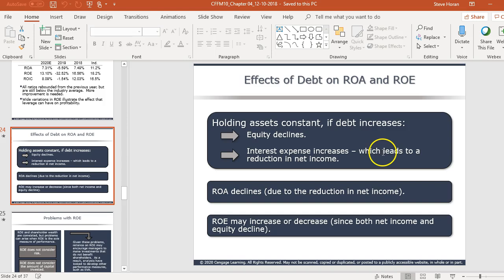Interest expense increases, which leads to a reduction in net income, and ROE may increase or decrease. So it just basically says if we take on more debt, how does that impact ROA and ROE? Because those are major ratios that investors look at really closely. They care deeply about both ROA and ROE.